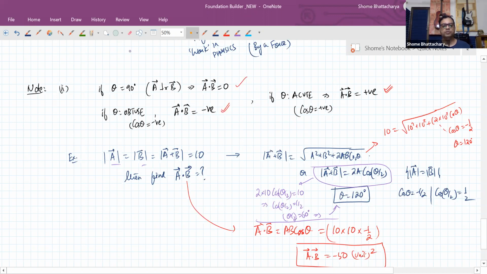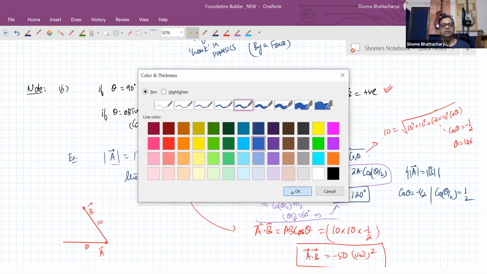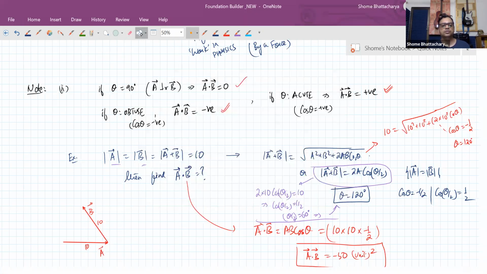You can also think geometrically. If you think geometrically, you'll realize that it's an equilateral triangle. So A and B must be like this, so that A plus B, which is the third side, is of the same magnitude. This is also 10, this is also 10, and the third side, which is A plus B, that is also 10.